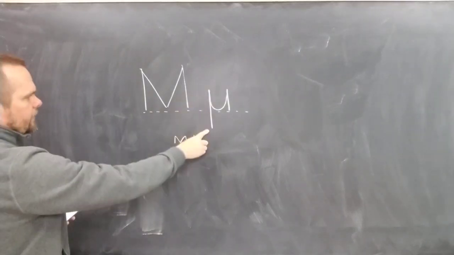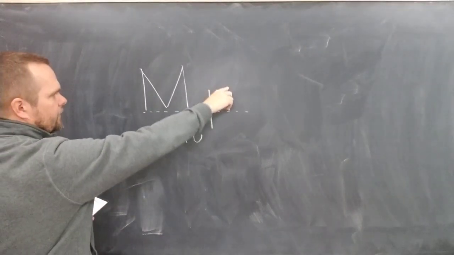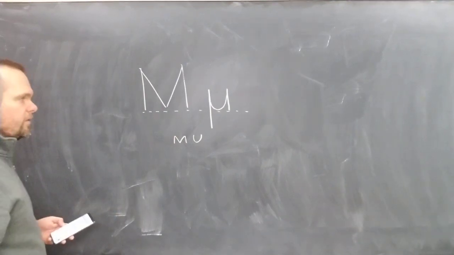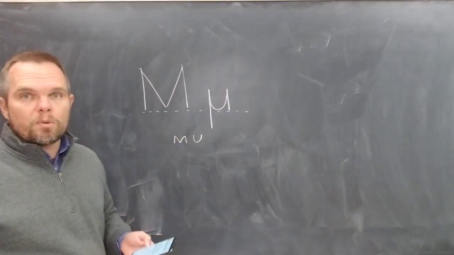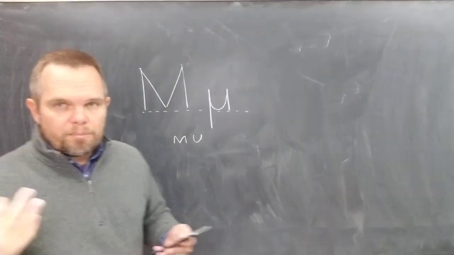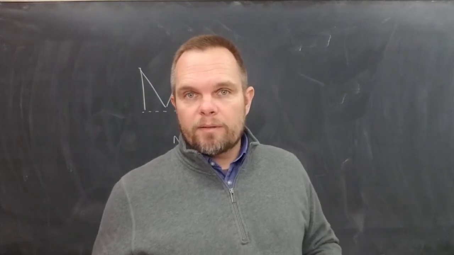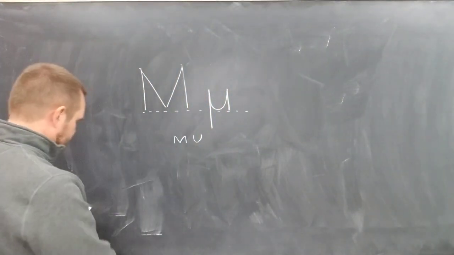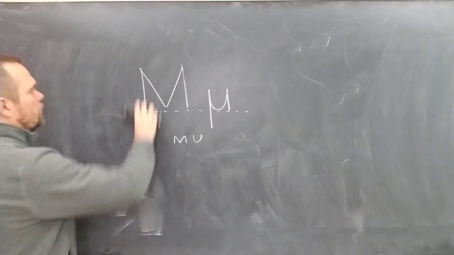So a vertical line through the baseline and an English lowercase u makes the figure that we will call lowercase mu in Greek. And the Greek letter mu simply makes the classical M sound, ma. Very easy to recognize, very easy to read, mu.